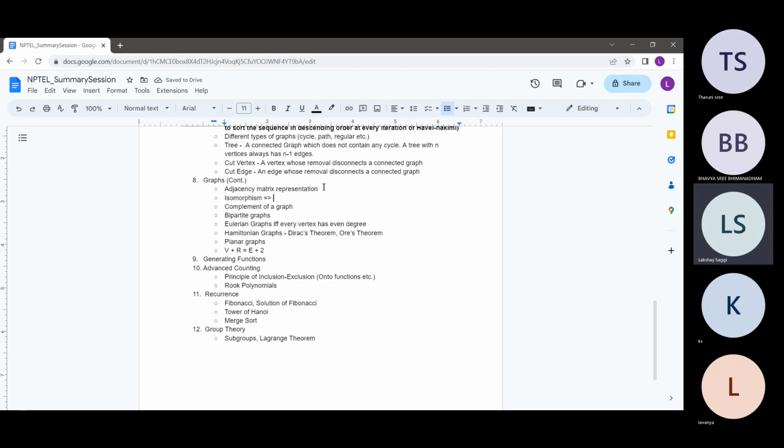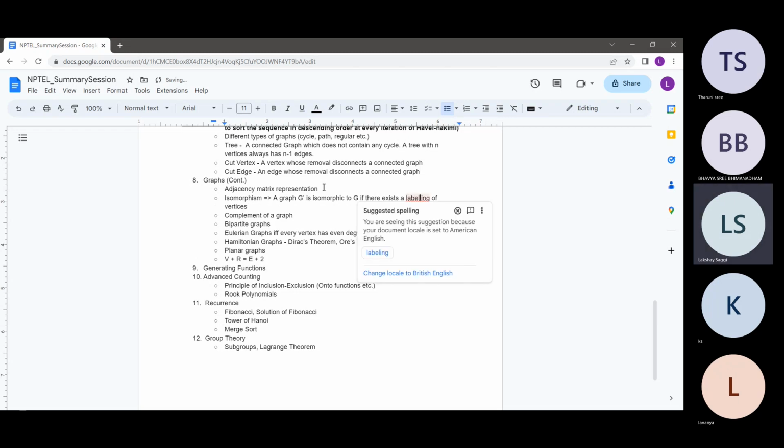G prime is isomorphic to G if there exists a labeling of vertices of G prime such that G prime becomes equal to G. I'm just writing more of an informal definition for isomorphism. For the formal definition, you can refer to the lectures as well or the internet.